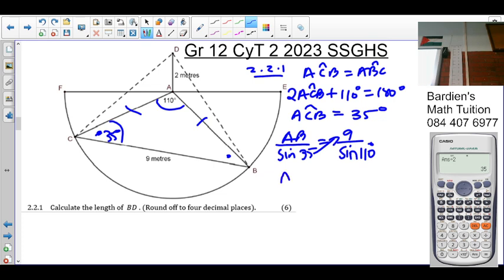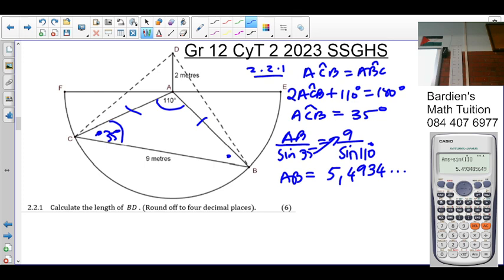So AB is equal to 9 times sine 35, divided by sine 110. You get 5,4935. So it's 5,4934 and the number carries on.